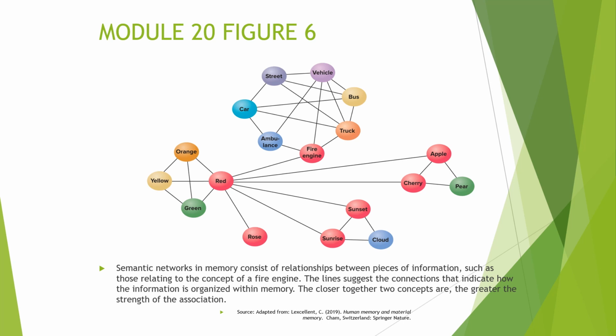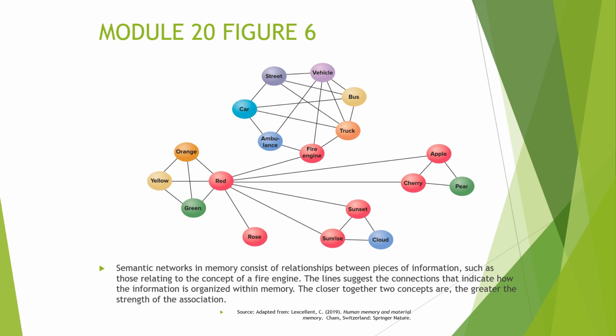So off of red, we have various other colors. Off of red, we may also have a rose. Off of red, we may have an apple or a cherry. Well, those are fruits. So then we also have a pear. With red, we may also think about sunsets and sunrises. Those are things that occur in the sky, and then we have clouds, right?